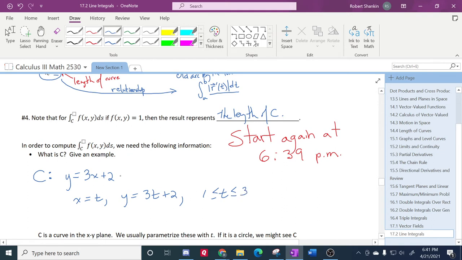So what we'll wind up doing is taking any ordinary function, parameterizing it, putting limits so that this becomes a nice, comfortable integration for us. This would wind up then being the integral from 1 to 3 of something.